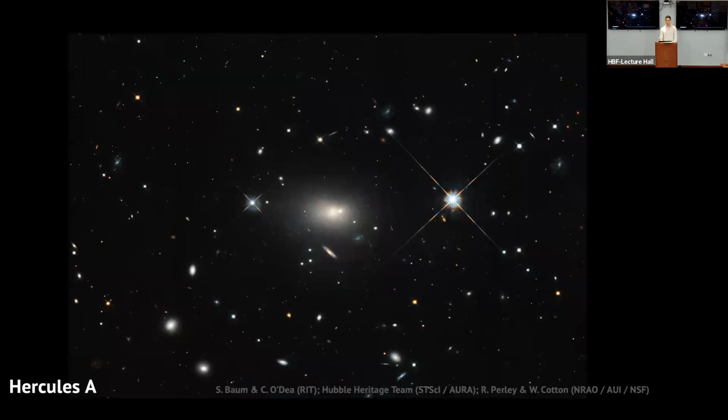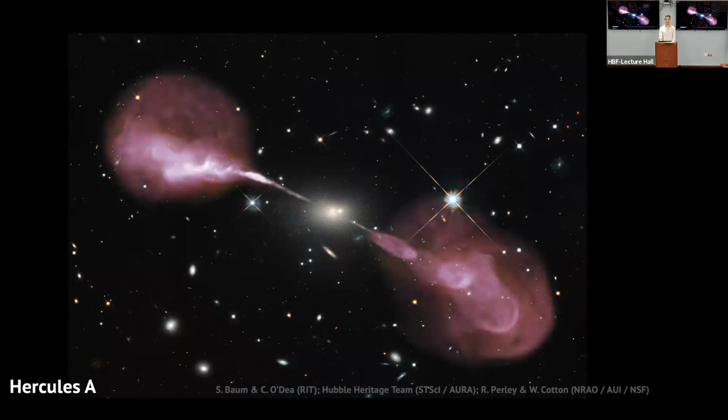And for radio galaxies, here we see a famous example, the galaxy Hercules A. This is what you see in the optical. If you look at the same object in the radio light, then you see these big plumes coming out of the galaxy that are generated by the AGN.